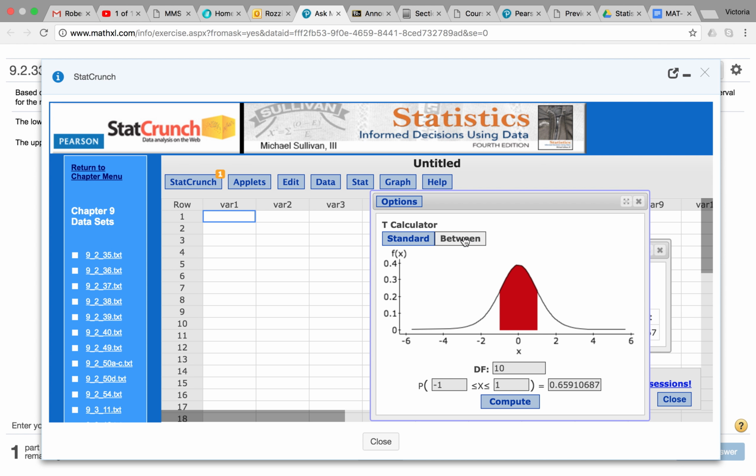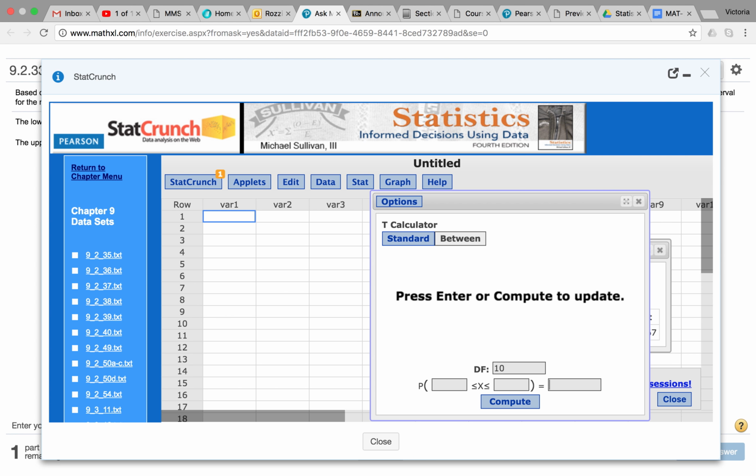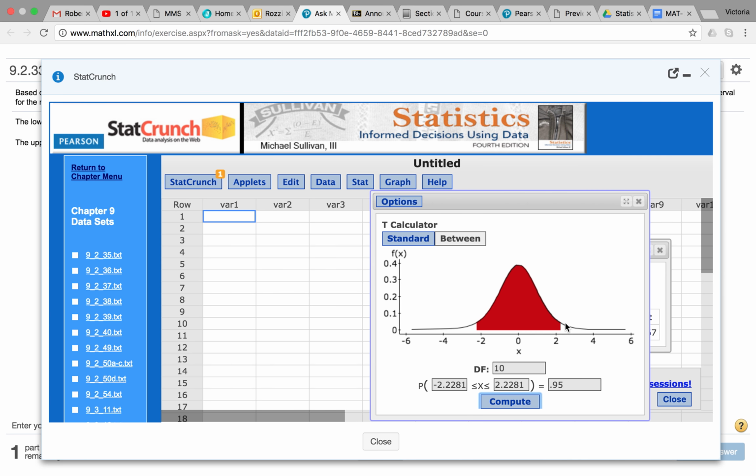So I'm going to look for between, and I want the area in between to be 0.95. I can click compute, and it will give me my upper and lower t-values. So you would use this 2.2281 as your t-value, and then multiply by s over the square root of n, and then add or subtract that from your mean.